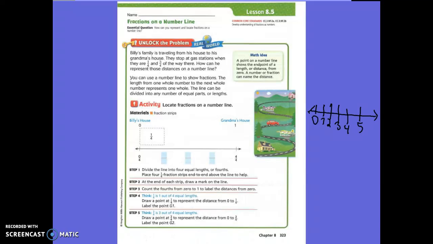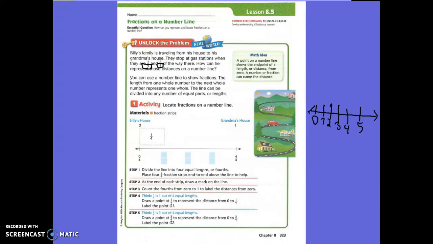Well, it's a lot like that, but it's different because you're not going to keep going and going with the whole numbers. They're going to be a little bit different. Okay, they're going to be fractions. So instead of having 0, we're talking about fourths here, because in the problem it said fourths.